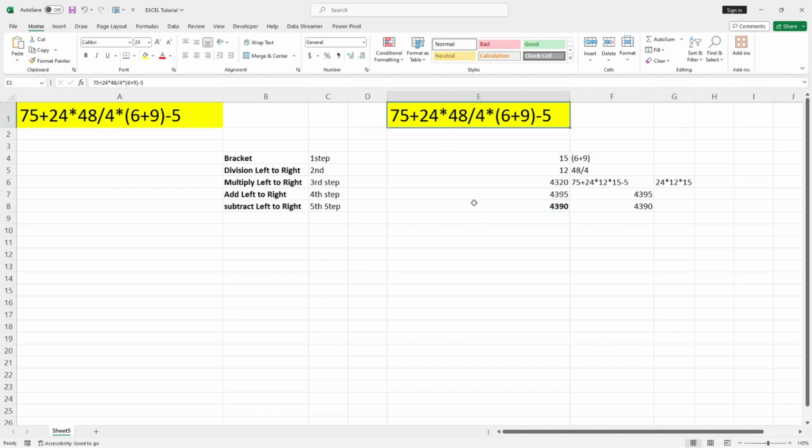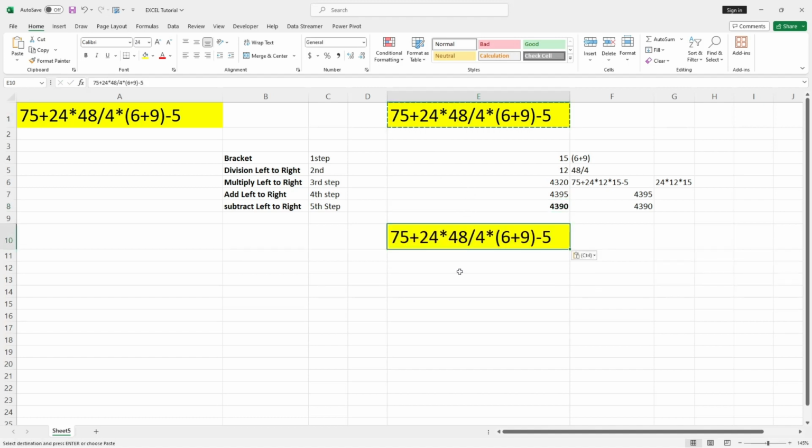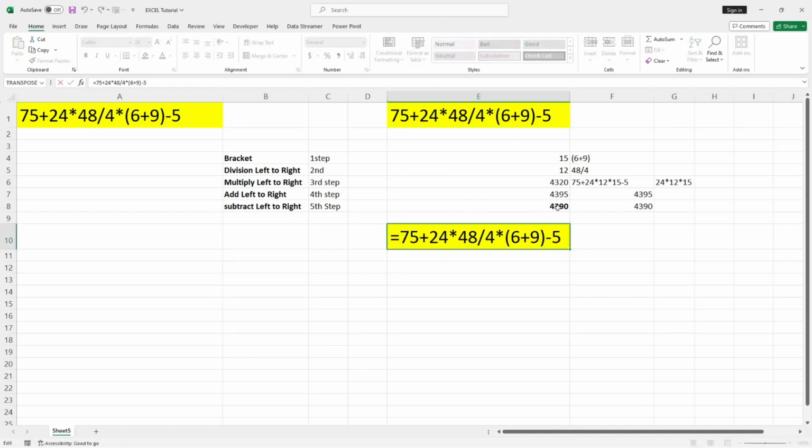Let me copy these numbers, and if I put equal here, I should get the same value which we got after going through all this step-by-step operation.